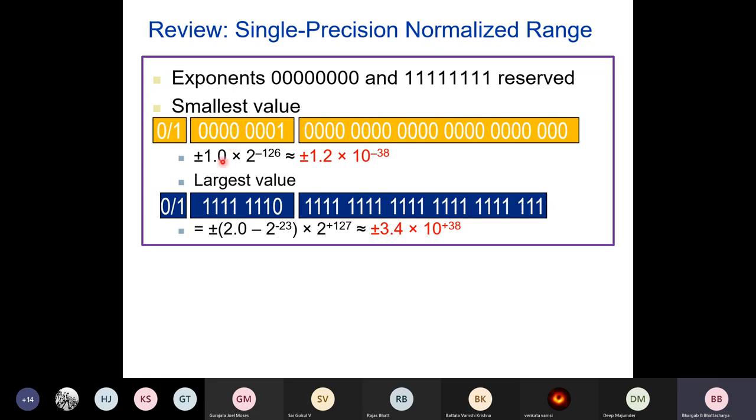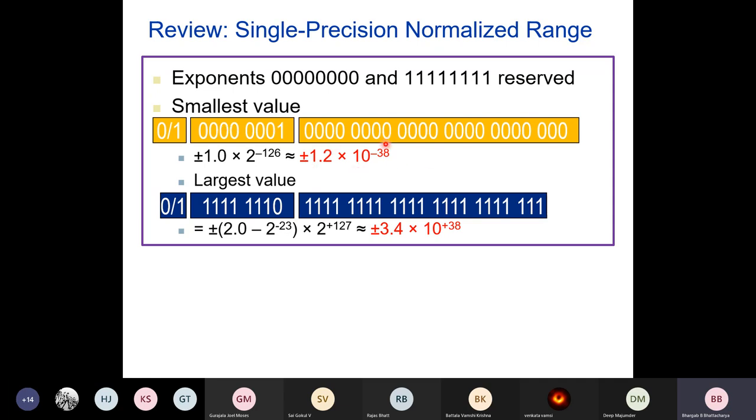Since you have a finite number of bits for exponent and mantissa, you have a smallest value and a largest value that is representable in the normalized range. Since the two extreme exponents have special use, the smallest value uses the minimum exponent in the normalized range and the minimum mantissa, which is equivalently 1.0 multiplied by 2 to the power minus 126, because we have excess bias.